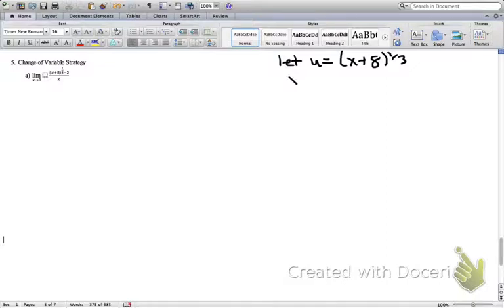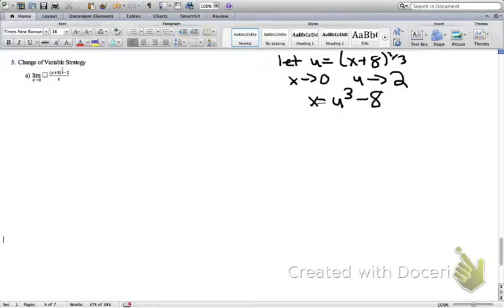We originally had x approaching 0, so now we need to know what u is going to be approaching. So u is going to be approaching 2. Now we're going to substitute those values in, and also looking at our x, x is going to be equal to u cubed minus 8.